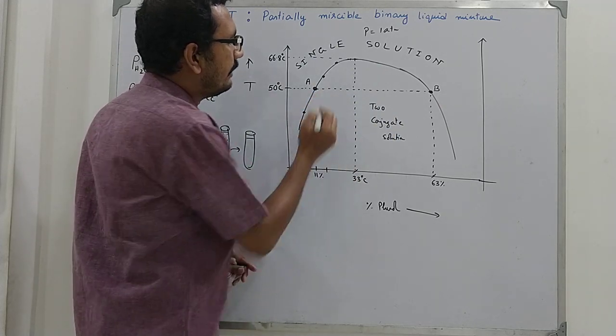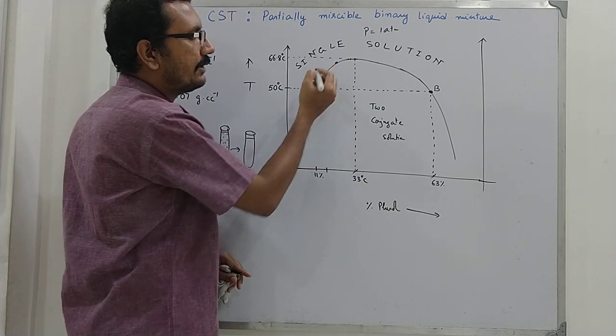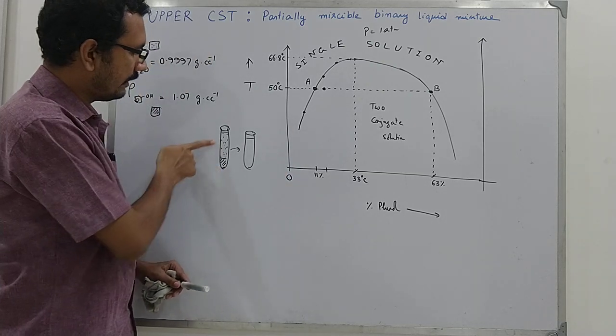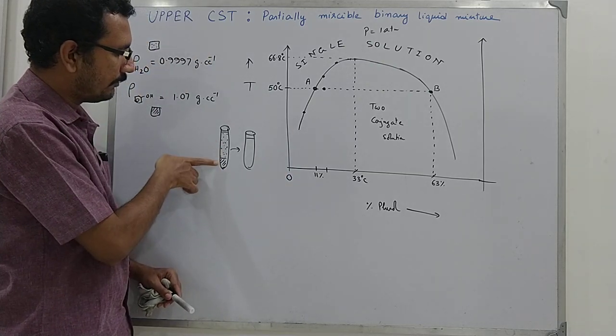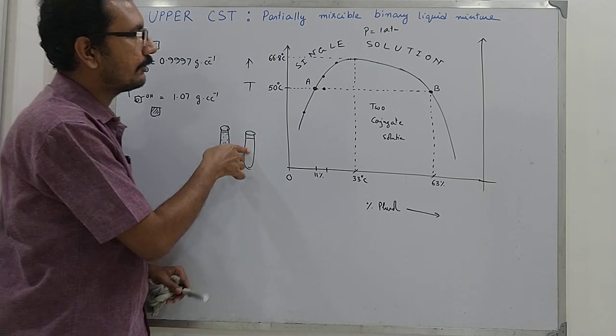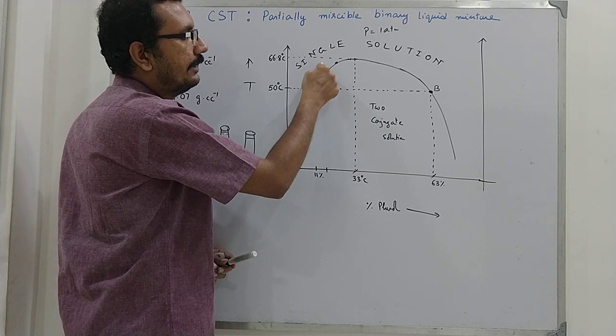Now at this point you get two conjugate solutions at 50 degrees centigrade. But if you increase the temperature, the mutual solubility increases, more and more water molecules will dissolve into phenol and more phenol will dissolve into water. So it will convert to a single solution. So this point will come here. It will be a single solution.